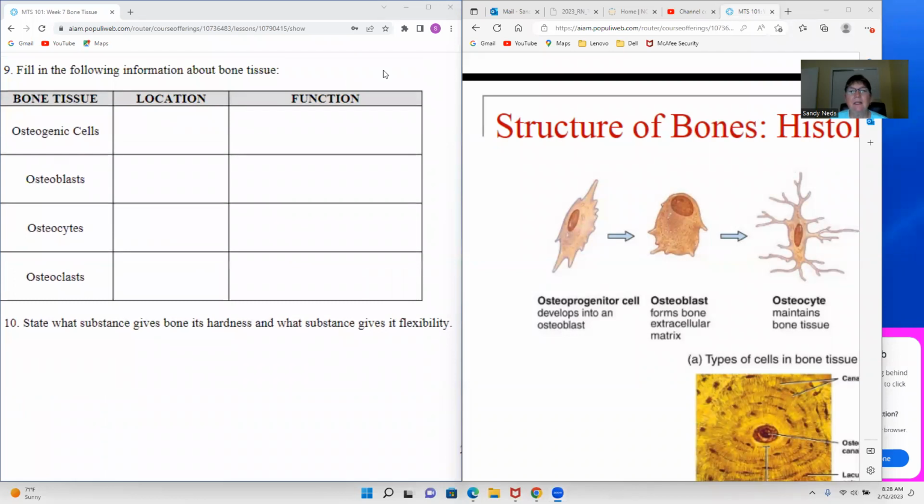And let me add, so the function of the osteogenic cell is to develop into an osteo, meaning bone again, osteoblast.